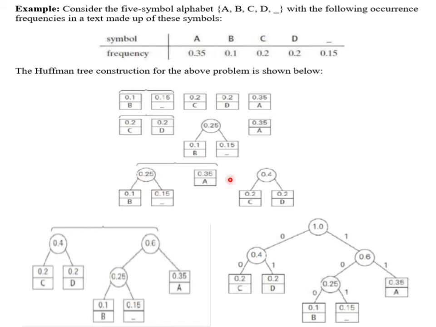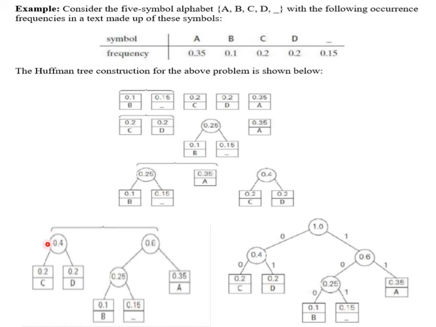Now among these three, find the lowest two frequencies, so 0.25 and 0.35. These two you combine, so 0.25 and 0.35 go to 0.6, right? So now we have 0.4, which is the sum of C and D, and 0.6.